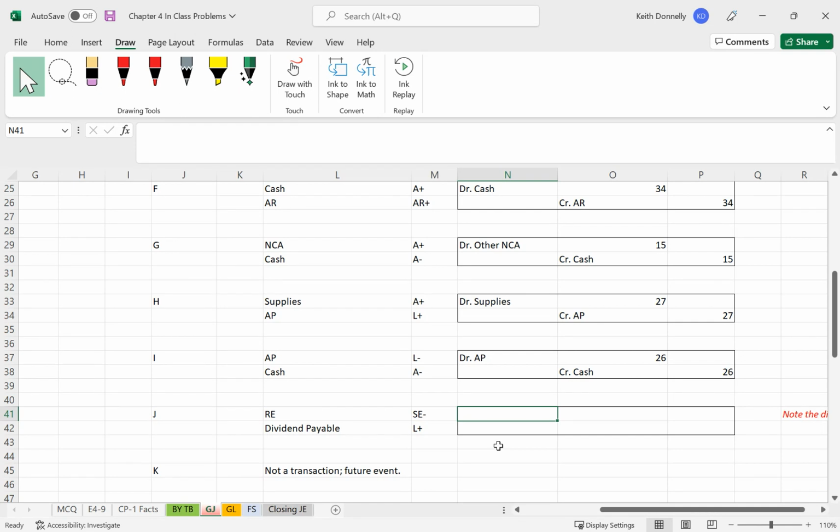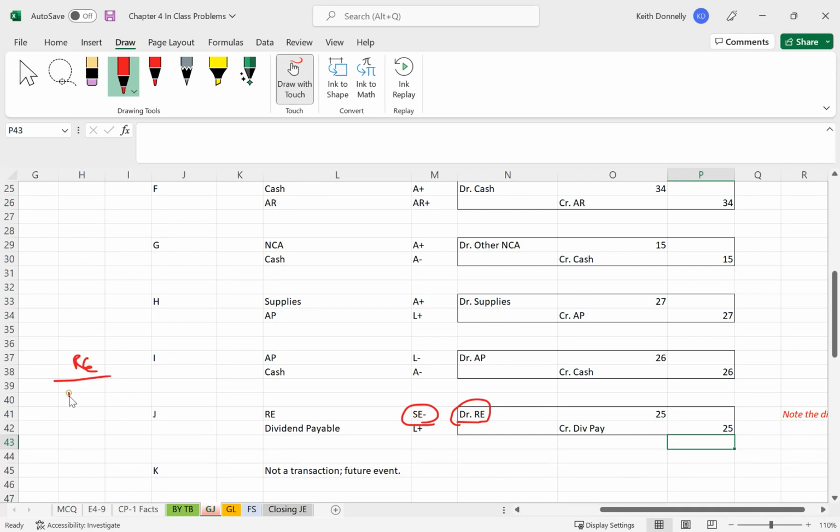What you're going to do here is debit retained earnings, credit dividend payable for 25 bucks. Now here's the reasoning for why you're doing this. You're reducing stockholders' equity.